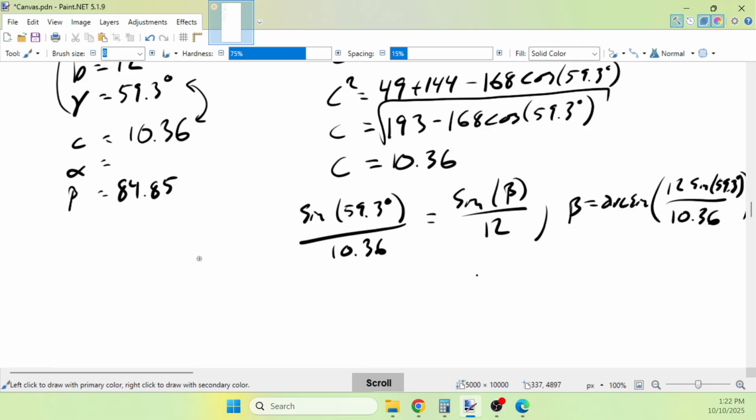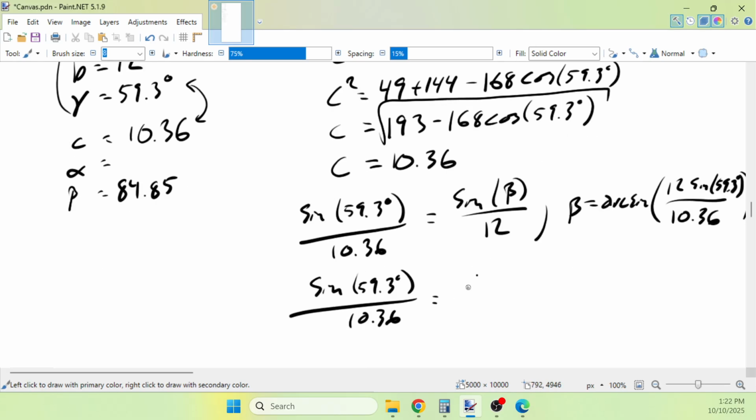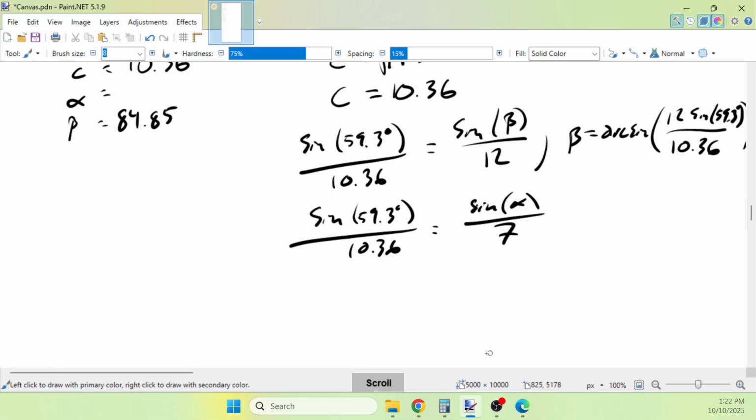Similar thing for alpha. Sine of alpha over 7.